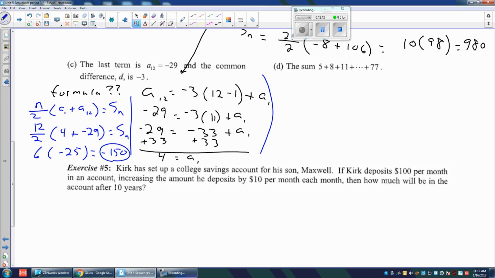Find the sum of these. Well, I'm still going to grab that same formula because I want to know what n is, how many numbers there are. So a sub n, that's the last number, 77, equals the difference. The difference between them is 3. And then plus the first number. Subtract 5 from both sides.